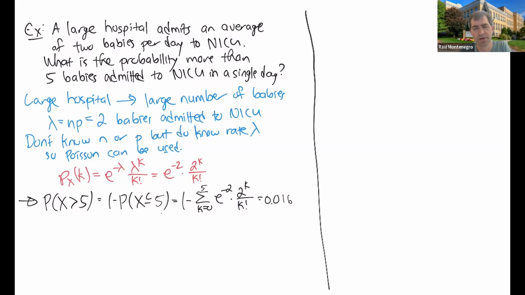Okay, so even smaller, 2%, 1 in 50 chance. So, but that does mean, so if there's a 1 in 50 chance, that means that every couple of months this will happen once. So if the hospital is only capable of taking 5 babies a day, then they do need to have a way of covering this rare event that happens every couple months.